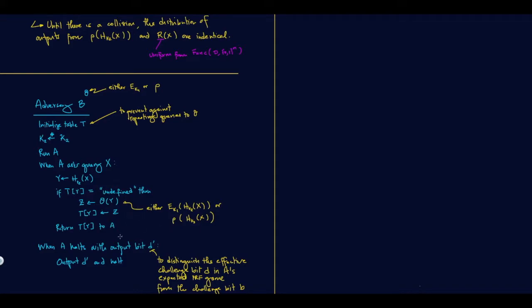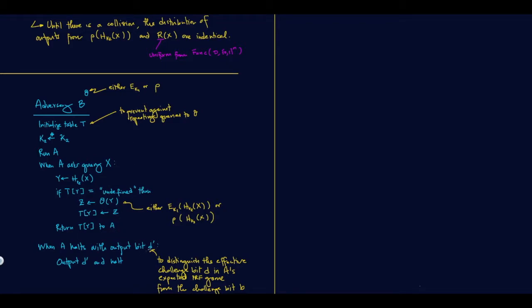In any case, at some point A is going to halt with some output bit D prime. I'm calling it D prime to distinguish it from the fact that in A's game there's a challenge bit D, because A's game is a PRF game. Remember, A is attacking the PRF property of F. So I call A's output D prime to distinguish it from the challenge bit B in this PRF game that determines whether the oracle is E sub K1 or rho.